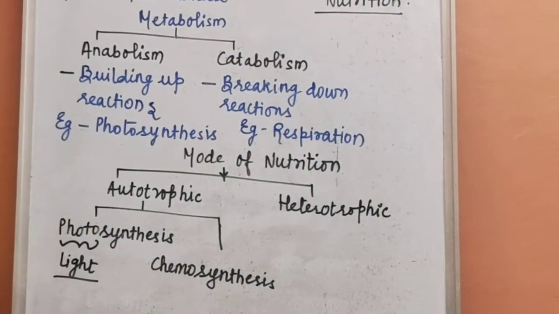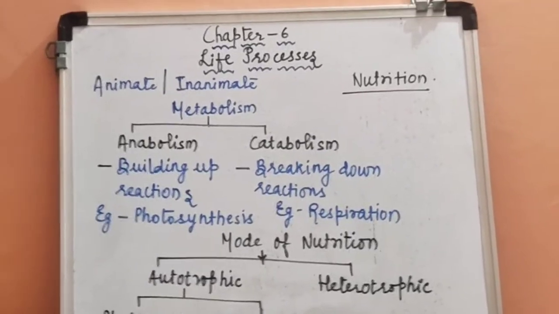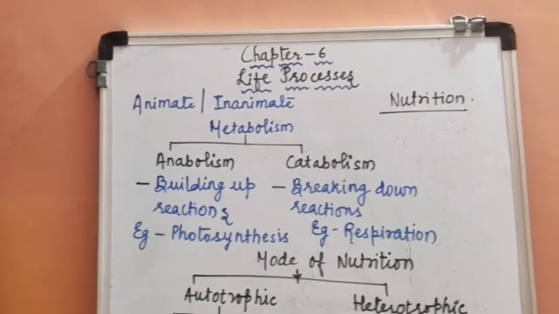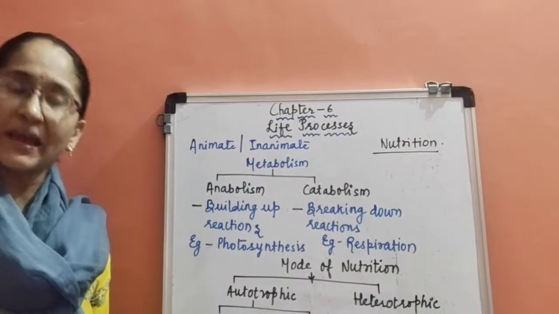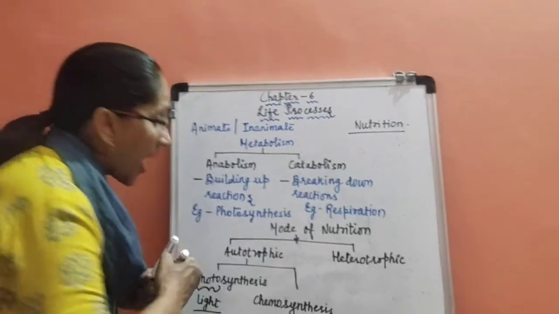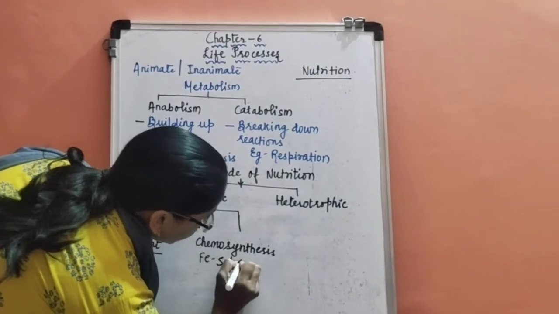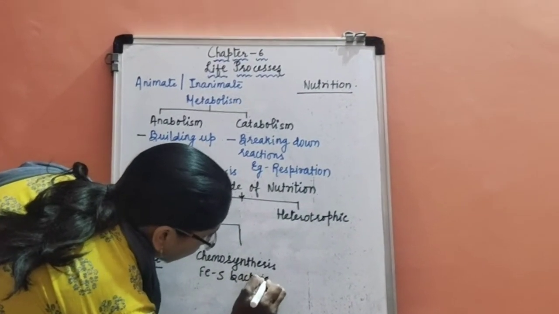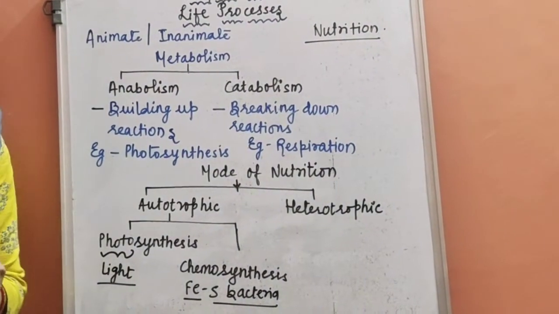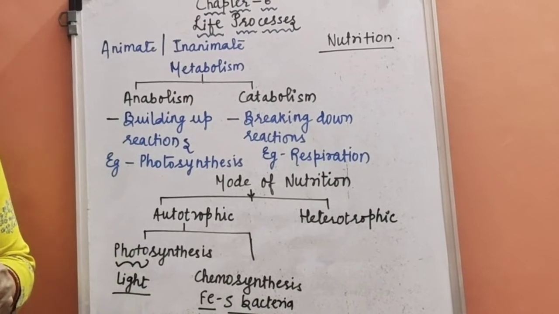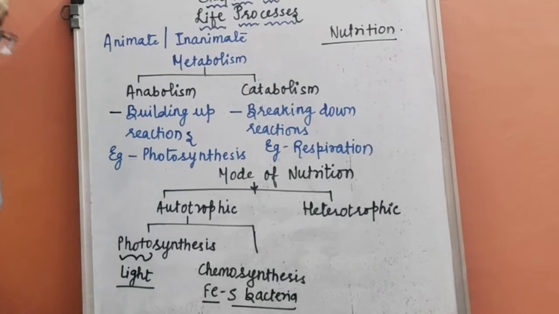So plants prepare their food with the help of light energy. Chemosynthesis refers to the process of utilizing chemicals, for example iron sulfur bacteria, which utilize iron and sulfur to carry out their own metabolic activities.